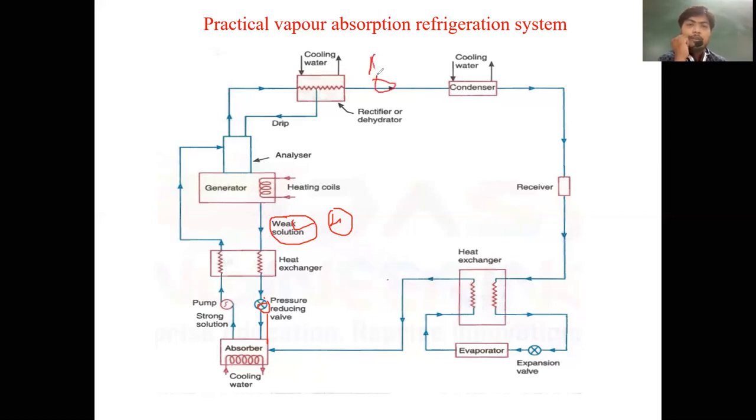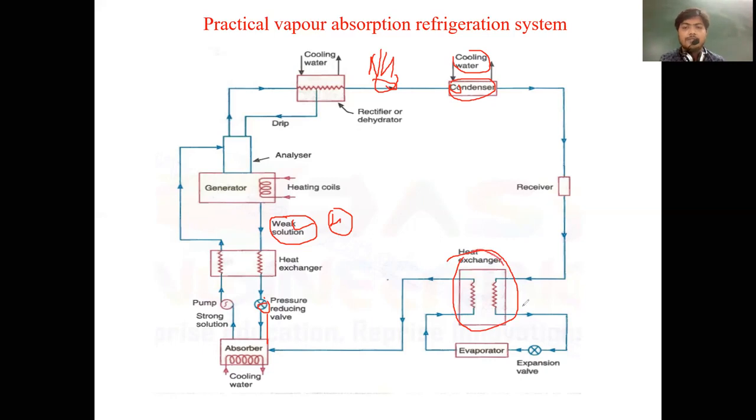Then pure ammonia vapor is drawn into the condenser, where the phase change occurs and the ammonia vapor is converted into liquid ammonia with the help of cooling water. The condenser is a type of heat exchanger. So here two heat exchangers are used: heat exchanger 1 and heat exchanger 2.